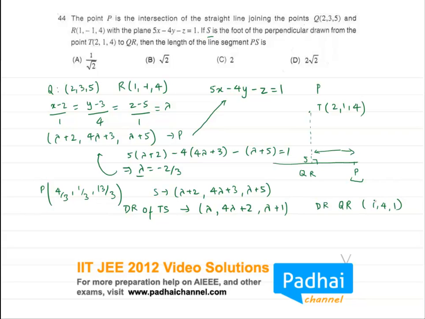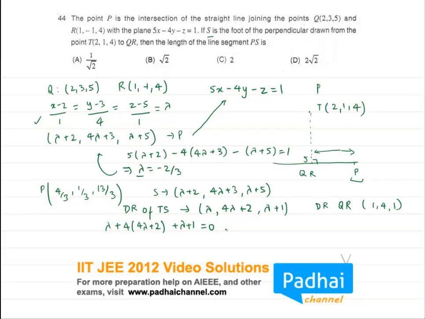Now the dot product of these two sets of DRs should be equal to 0, because these two are perpendicular lines. So lambda + 4 times (4 lambda + 2) + (lambda + 1) should be equal to 0.